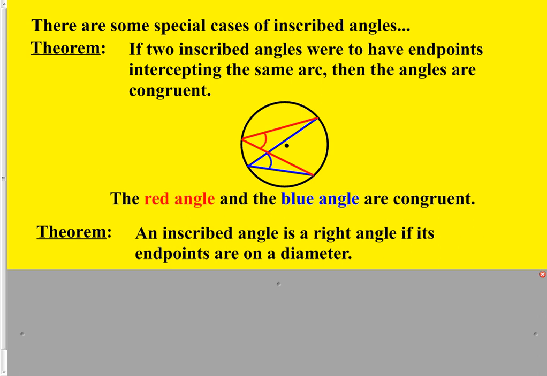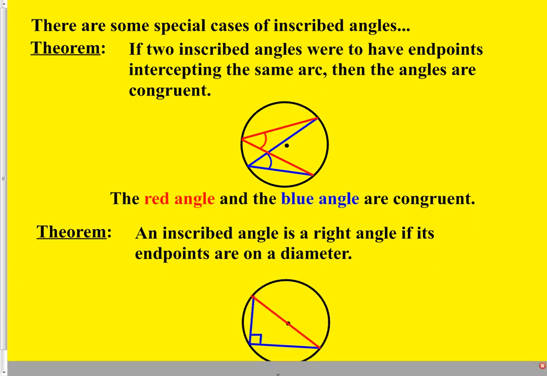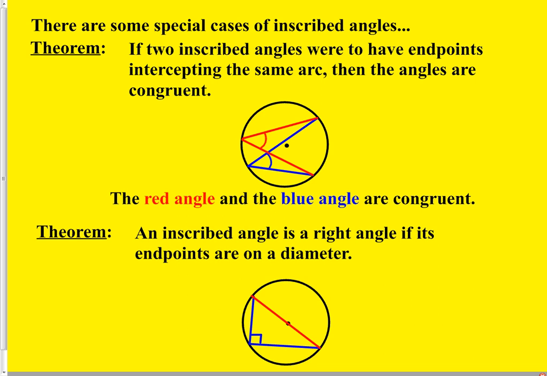We're basically saying if an inscribed angle measures exactly 90 degrees, then that means its endpoints are on a diameter. Well, a diameter cuts a circle exactly in half. That means that the arc is a semicircle, half of a circle. How big is half of a circle? Well, an entire circle measures 360 degrees.